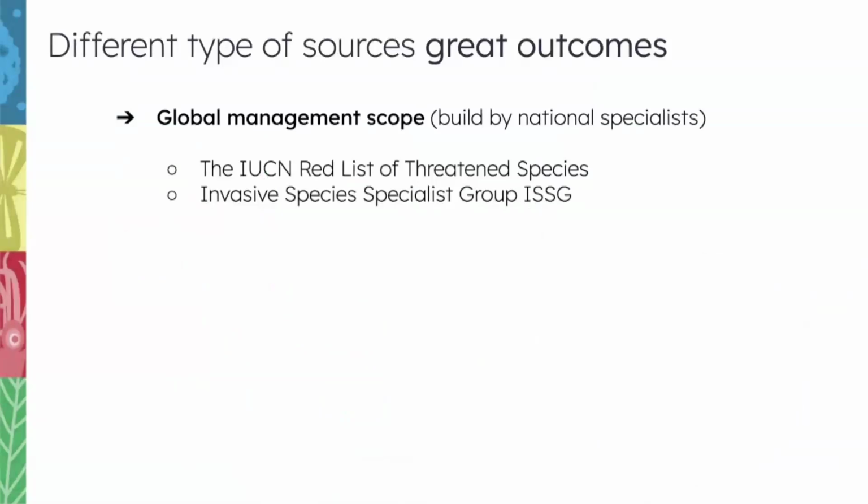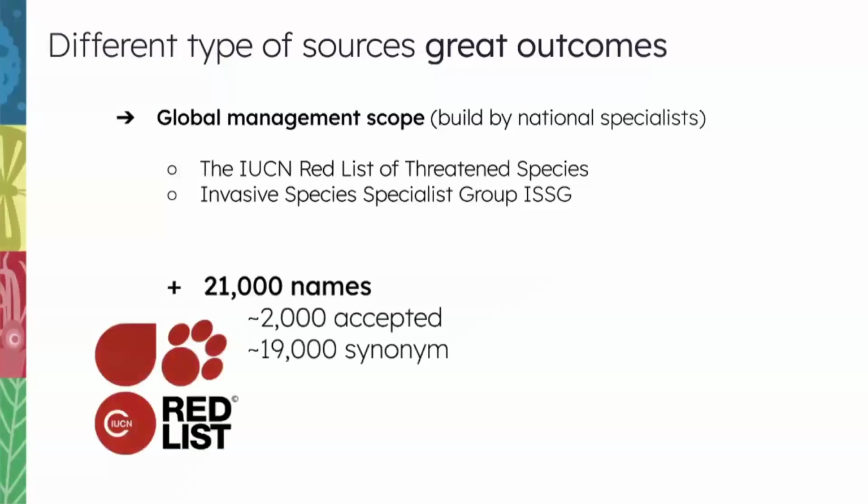The second type of source is the global management one. These ones are built in essence by national specialists and then gathered by these two initiatives. For the IUCN Red List, we got 21,000 names, many of them also synonyms, and with this we can ensure that Catalogue of Life has the names of any threatened species.